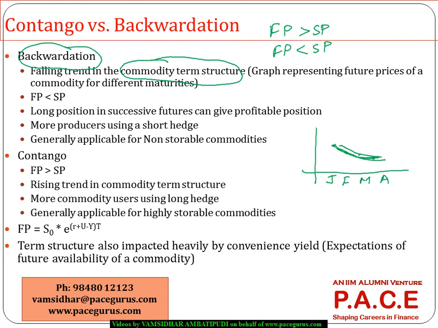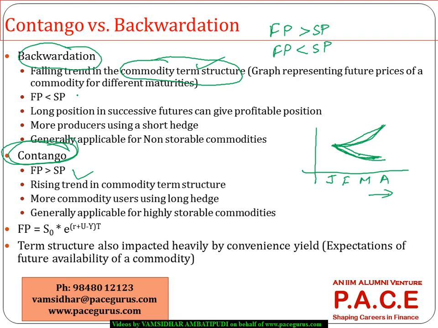But if I try to plot the futures prices for the different maturities, which is called the commodity term structure, and I see that this graph is upward sloping, meaning the longer term futures have a higher price compared to the shorter term futures, then I say that the commodity market is in contango.